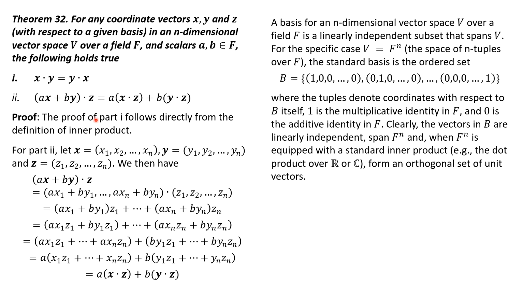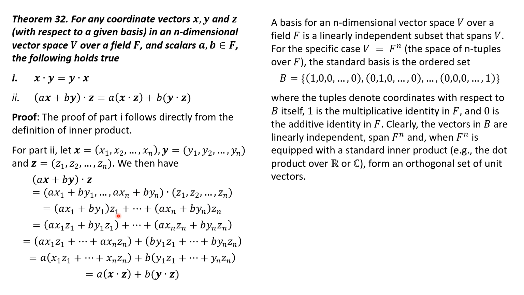The second part isn't much harder, but we need to go through several steps. So I've just written x, y, and z in terms of their coordinates. Then we have the starting point here. Then we expand this out, as shown here, and take the dot product with the z. And then it's z1 times this first one, all the way up to zn times the last term, and you add them all together.